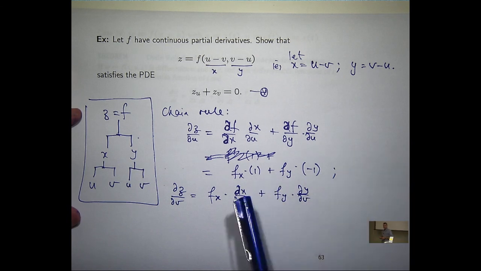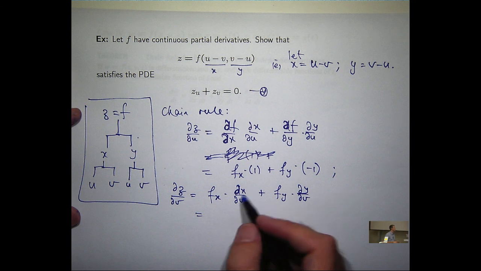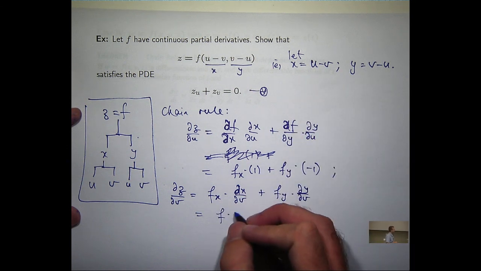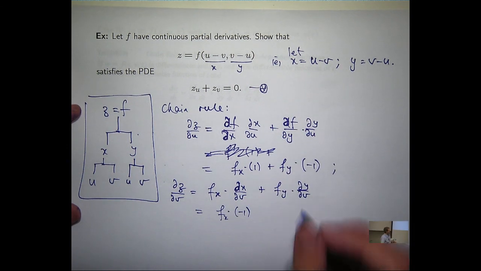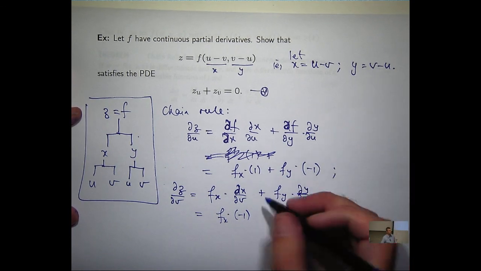Okay, so I can calculate that and that from here and here. So dx dv is going to be minus 1 and dy dv is going to be positive 1.